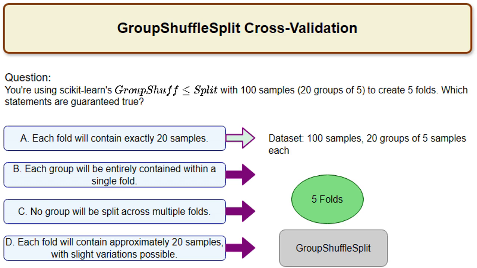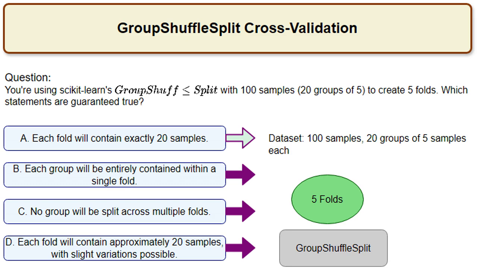Think of it like keeping related items together. For example, if you are testing different medicines on patients, you would want to keep all measurements from the same patient in the same fold to avoid bias.